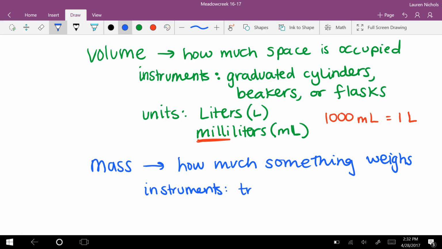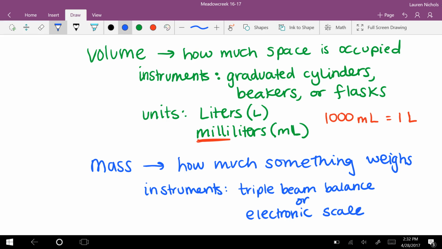We can either use a triple beam balance, that's kind of the more old school way, or you can use an electronic scale. This is more common nowadays. Most people don't use a triple beam balance unless they're in a high school chemistry lab and you're learning how.